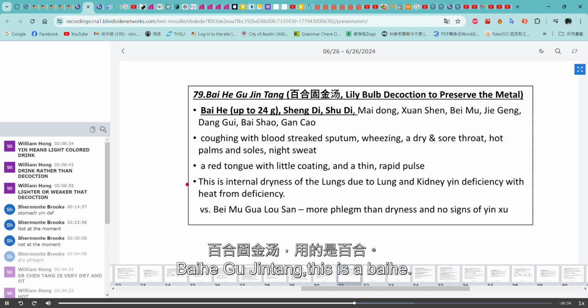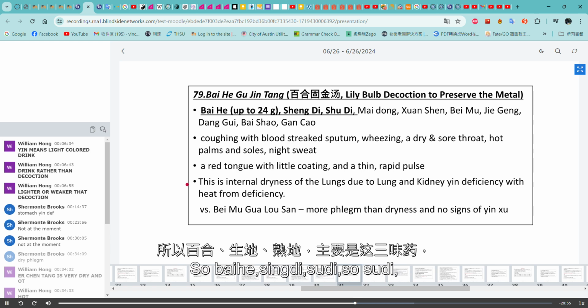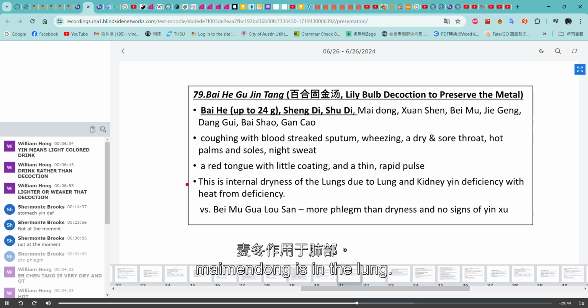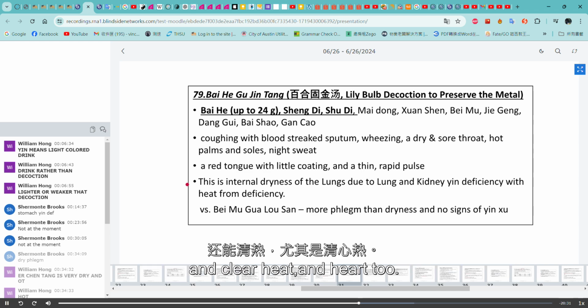Baihe Gujin Tang. This is a lily. Lily is in there. So yeah, Baihe, Shengdi, Shudi. Shudi, we understand there's yin deficiency. Maidong is in the lung. Shengdi means there's heat, and Baihe usually means some kind of emotional problem as well, and clears heat in the heart too.